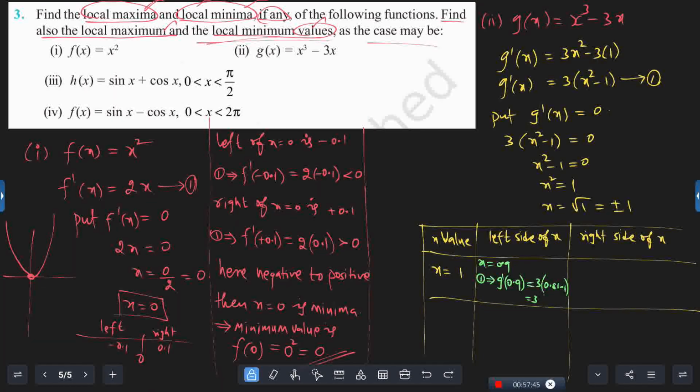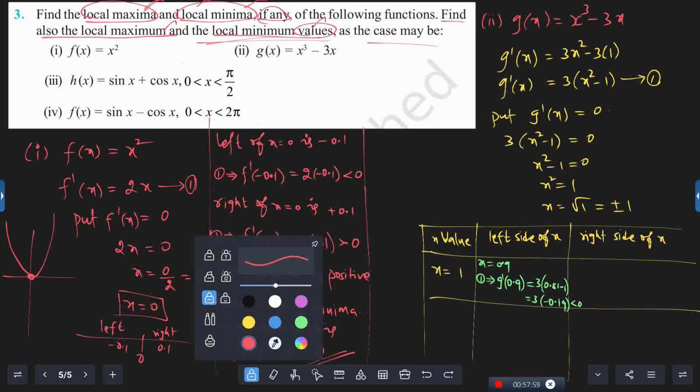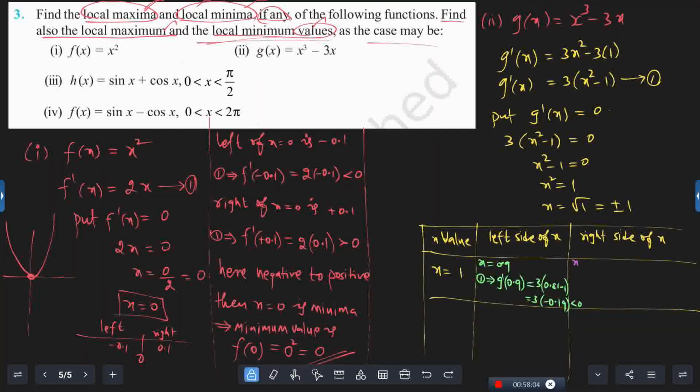So 3 into, when you subtract, 100 minus 81, 19, so minus 0.19 you will be getting, that is less than 0. Less than 0 means negative. Okay, on the right side, if I take x equal to 1.1, it will be coming. Right side of 1, 1.1 will be coming.